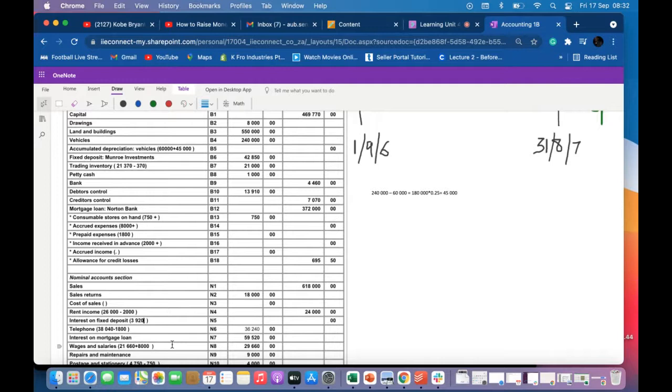3,920. Okay, and then we're saying plus this accrued interest of how much? 210. Okay. That should give you 4,130.